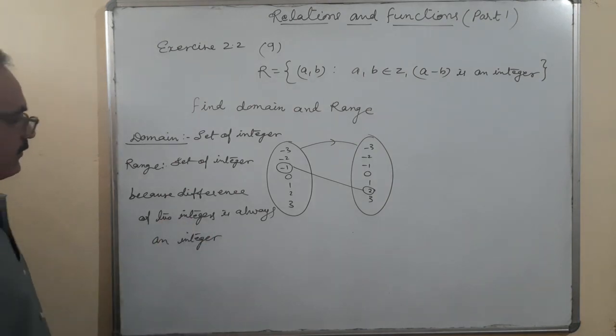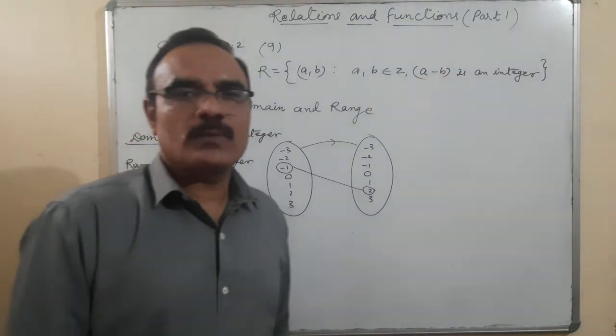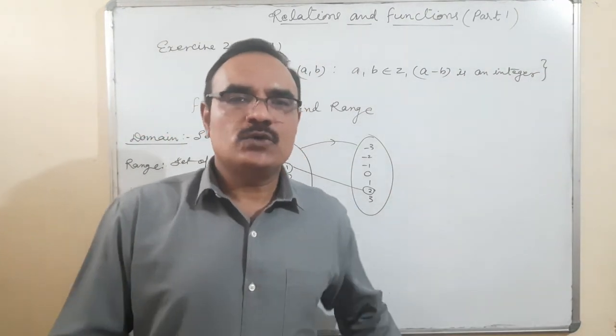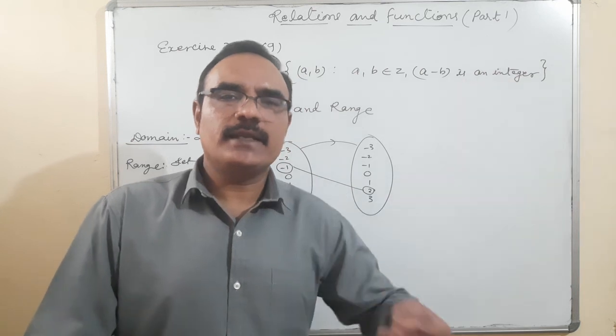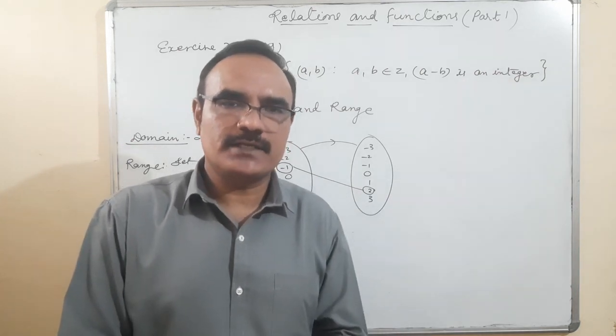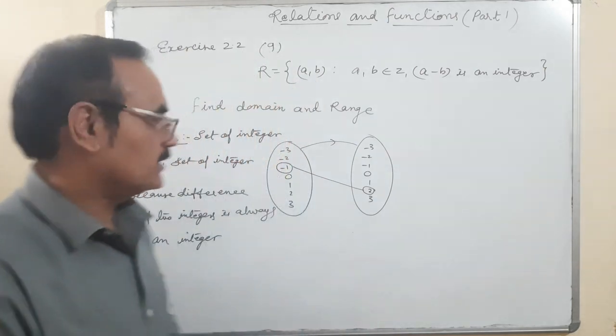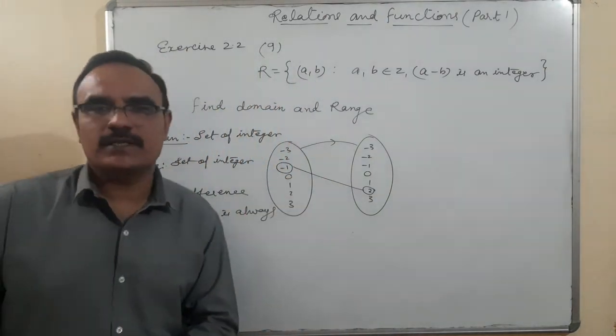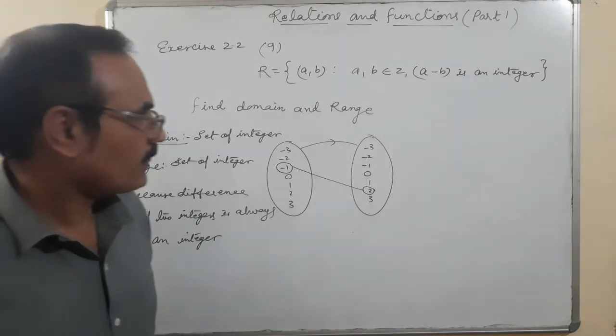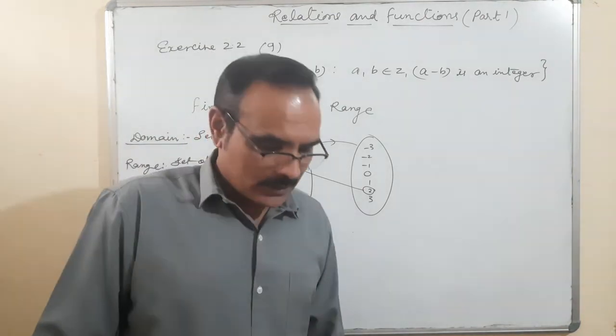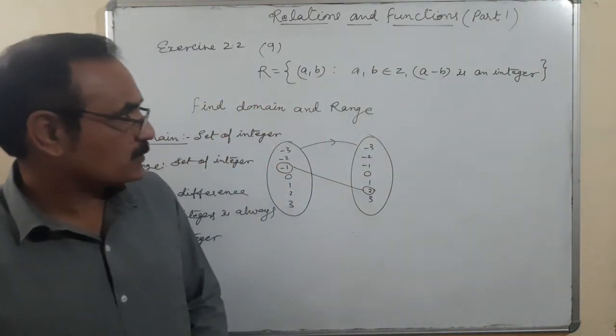You can check, you can pick any integers from the set of integers and take a difference, and the result always comes in the form of an integer. So range and domain are both the set of integers. Okay, the first part is over.